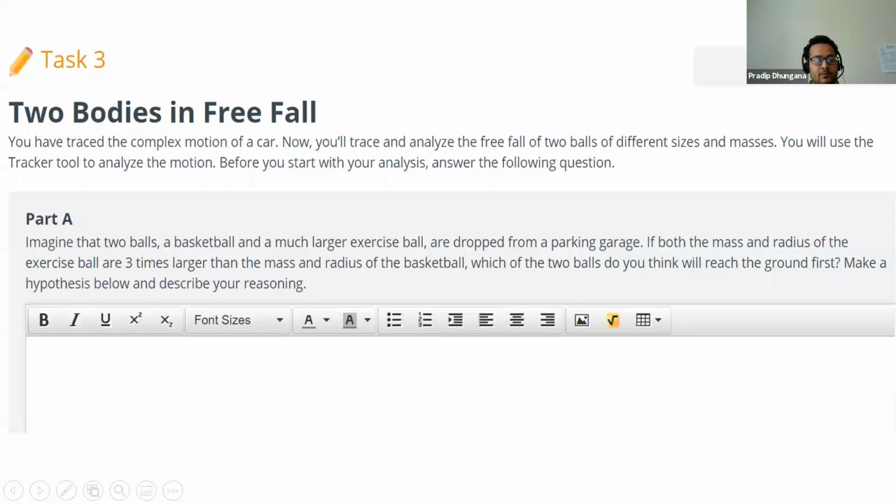So you have to make your hypothesis and explain your reasoning. So that means you do have one small ball, that is your basketball, and then another one is your larger ball, that is your exercise ball.